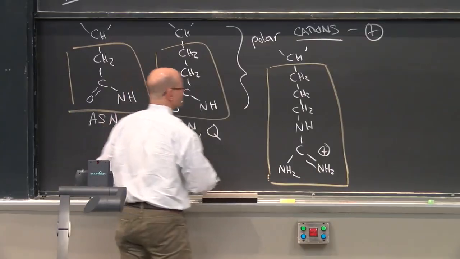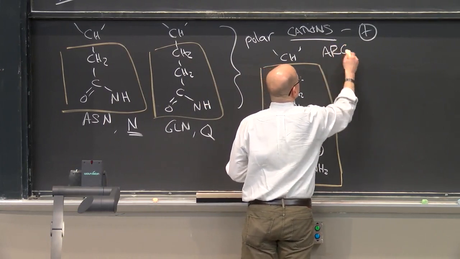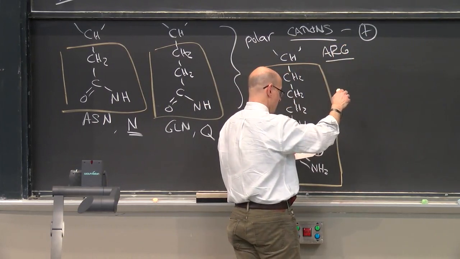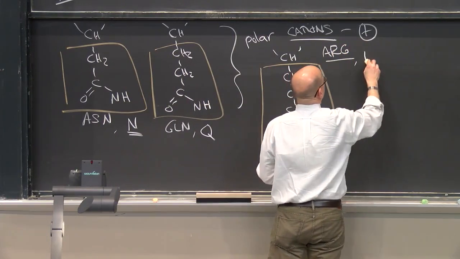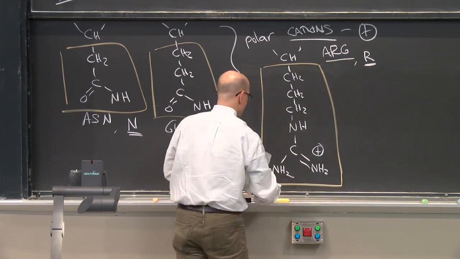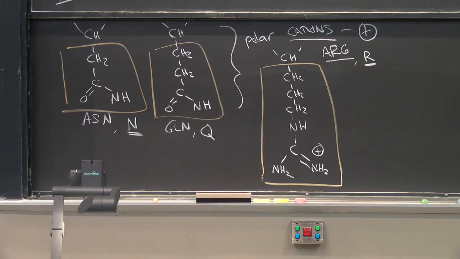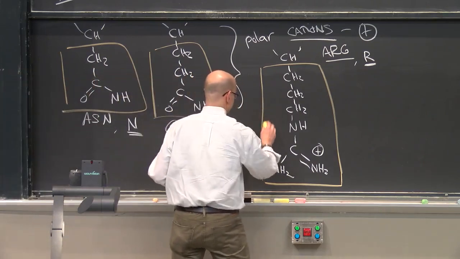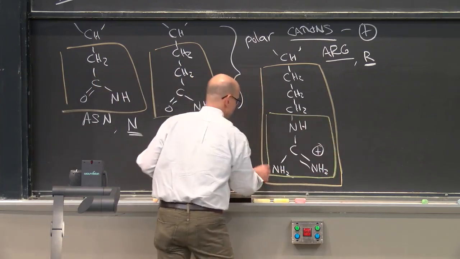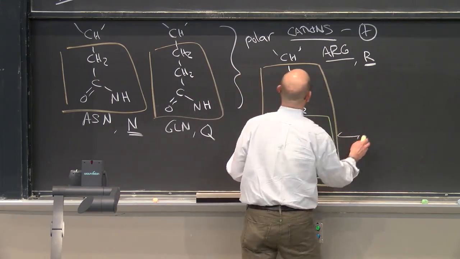And this is called arginine, ARG, single letter code R. And this has a special group in it. This has a guanidino group. And this guanidino group has a very unique property about it.